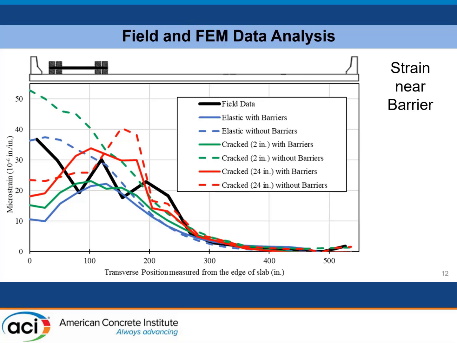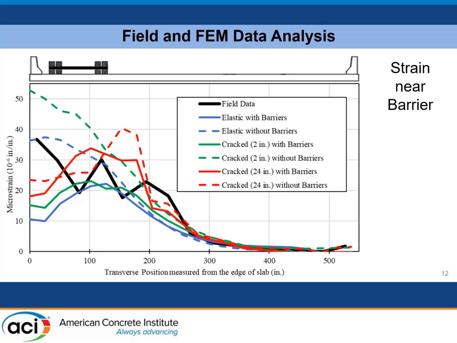This is strain with a load placed near the barrier. You can see the black line is our field data, and then each of the different colored lines represents a different model, while the dashed lines are that model run without barriers, and the solid lines are the same model with barriers included.